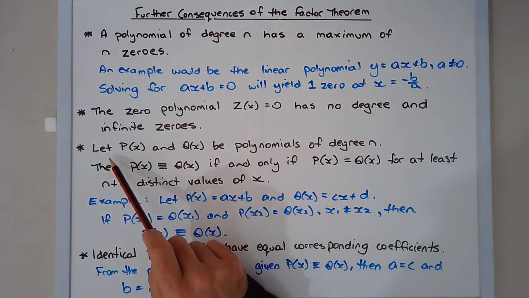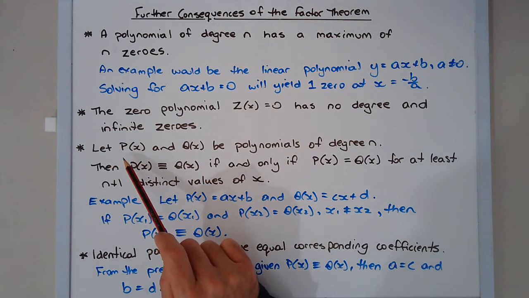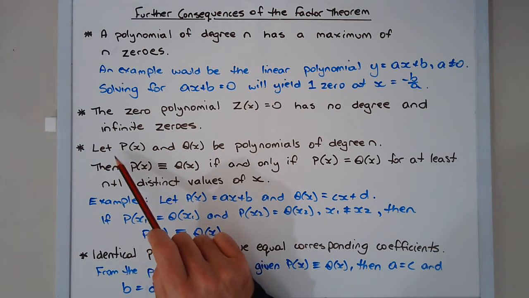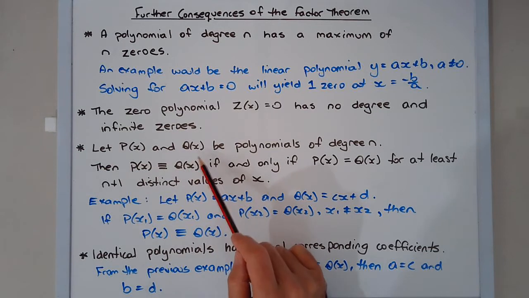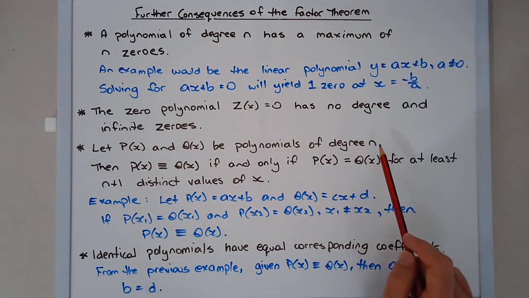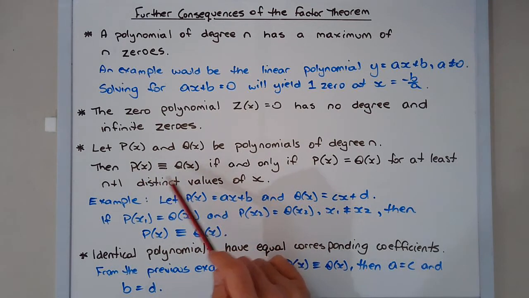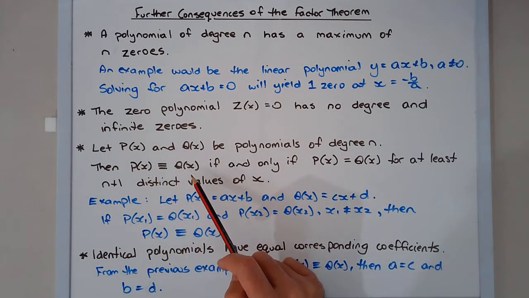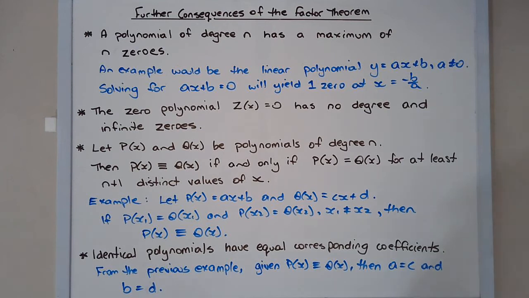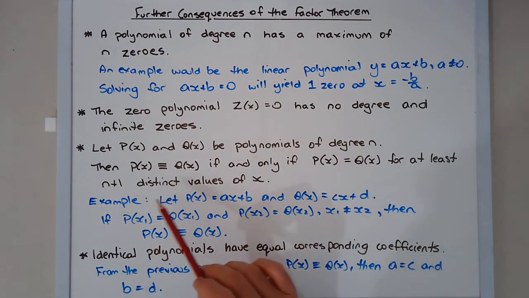Now the next point is to do with identical polynomials, or proving that two polynomials are identical. If we let p of x and q of x be polynomials of degree n, then p of x is identical to q of x, so that means that p of x equals q of x for every value of x, all real x, if and only if p of x equals q of x for at least n plus 1 distinct values of x.